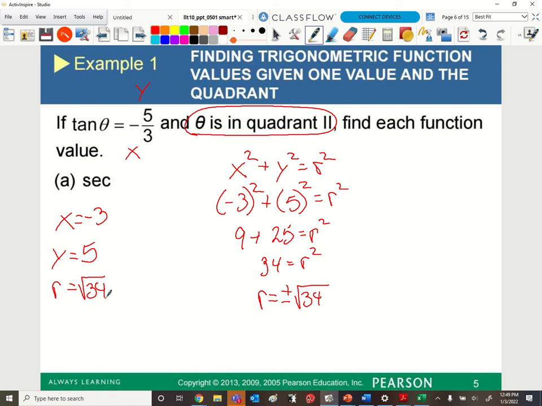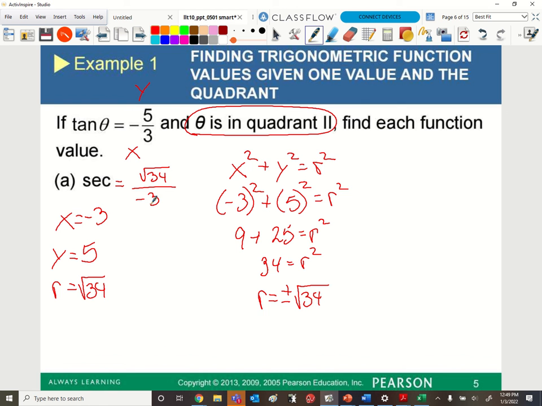Now, what do we know about secant? What is secant supposed to be? Reciprocal of cosine. So I heard an r and a something. R over x. Do I know what the r is? Do I know what the x is? Okay. So secant is r over x. So my r value is square root of 34, and my x value is negative 3.